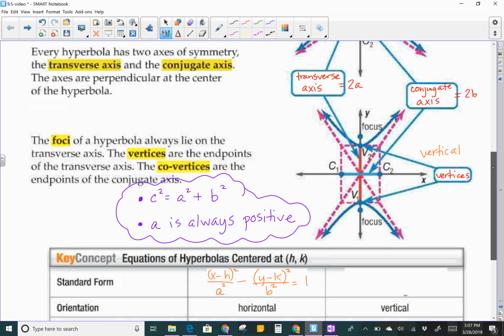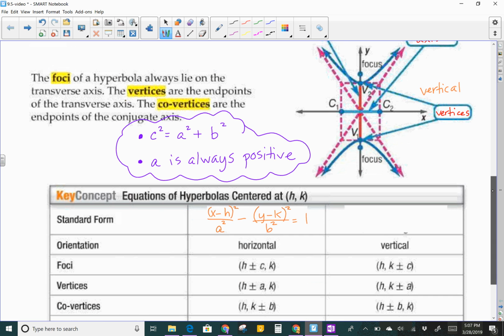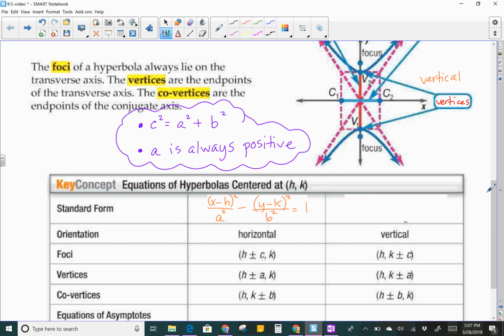Of course that can change, but the point is the hyperbola opens up and down. So the difference in the equation is that it's y minus k quantity squared minus x minus h quantity squared.